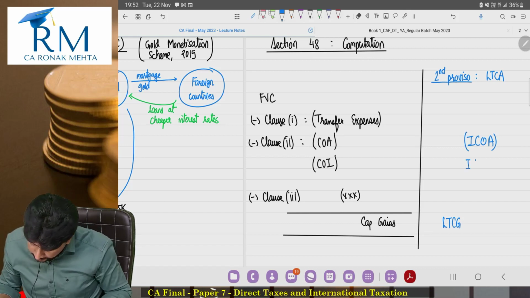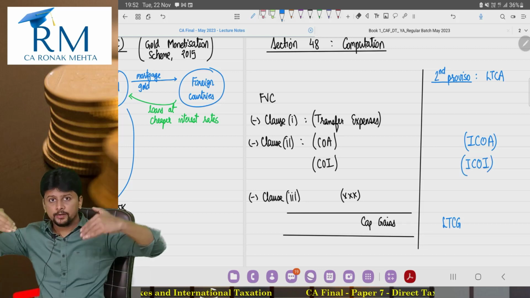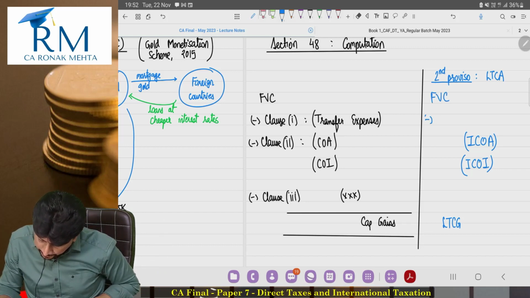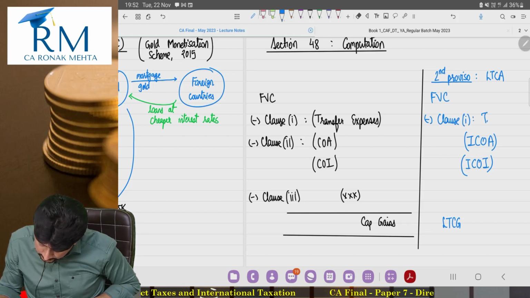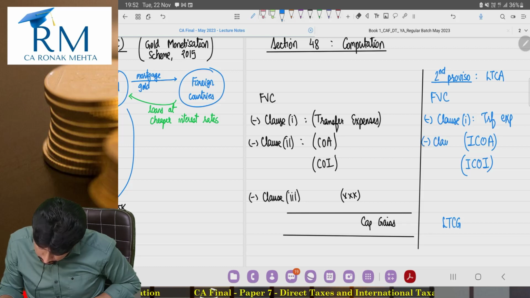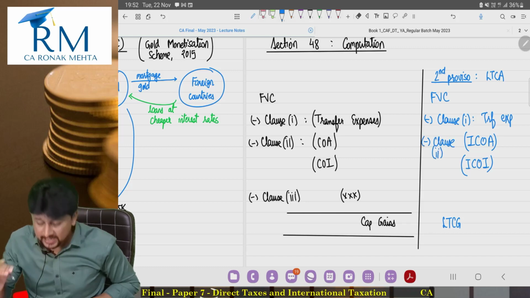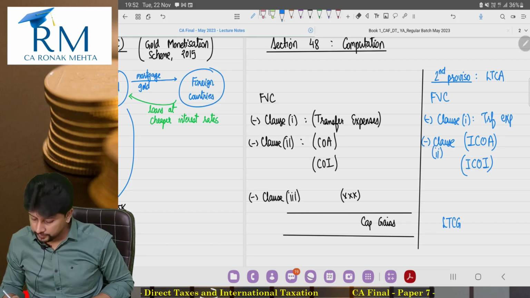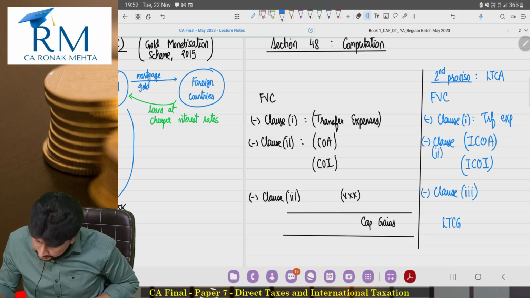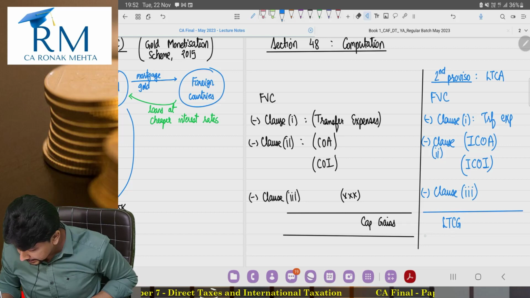Instead of cost of improvement, you will read it as index cost of improvement. So the entire formula remains the same. I will start with full value of consideration. Under clause number 1, I will definitely deduct transfer expenses, but clause number 2 will now be index cost of acquisition, index cost of improvement, and there will be no change as far as clause number 3 is concerned, and this will be my long-term capital gain.